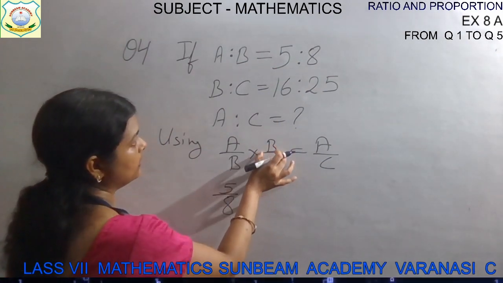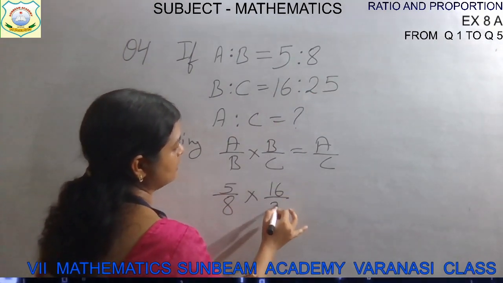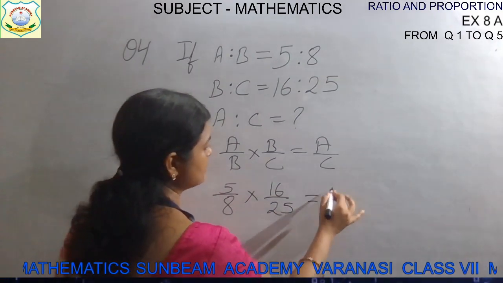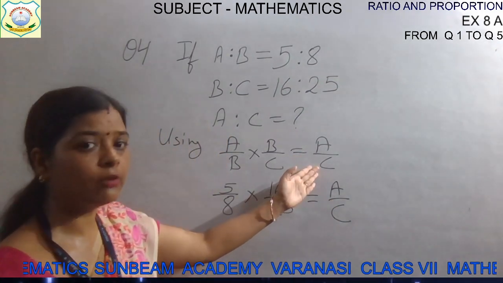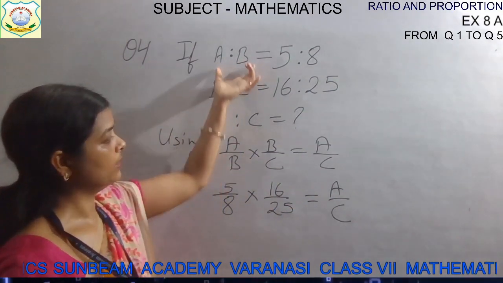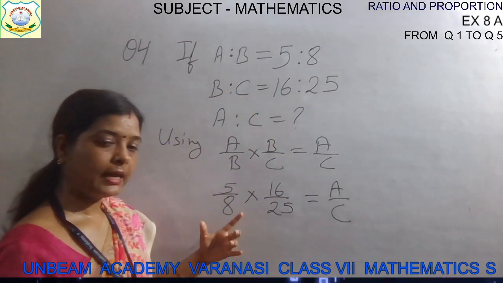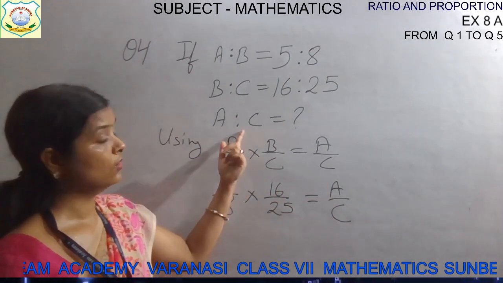B is to C is 16 is to 25, that is 16 by 25. And whatever answer comes will be A is to C. A is to C is not given, so how can we write it? We have written whatever is given, A is to B from here, B is to C from here. Write down their values, and whatever answer comes will be A by C or A is to C.